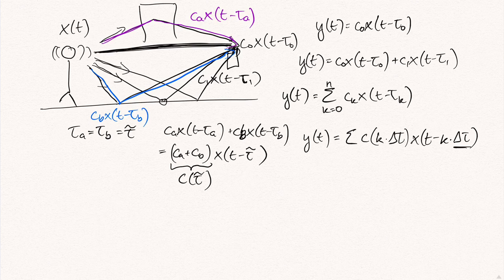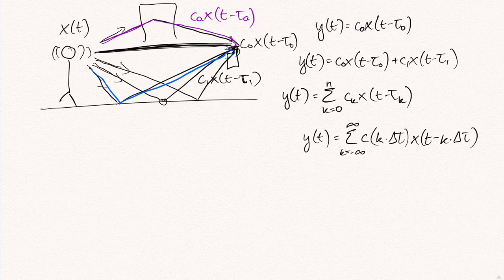And we make k be any number from minus infinity to plus infinity. Now obviously there will be lots of times where there's no component for a time delay k times delta tau in this interval. But we simply solve that by choosing c of k times delta tau to be 0 in those cases.